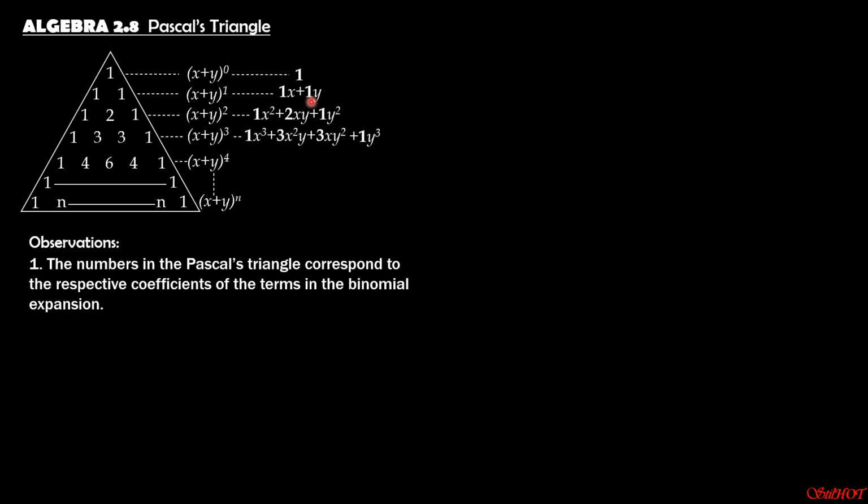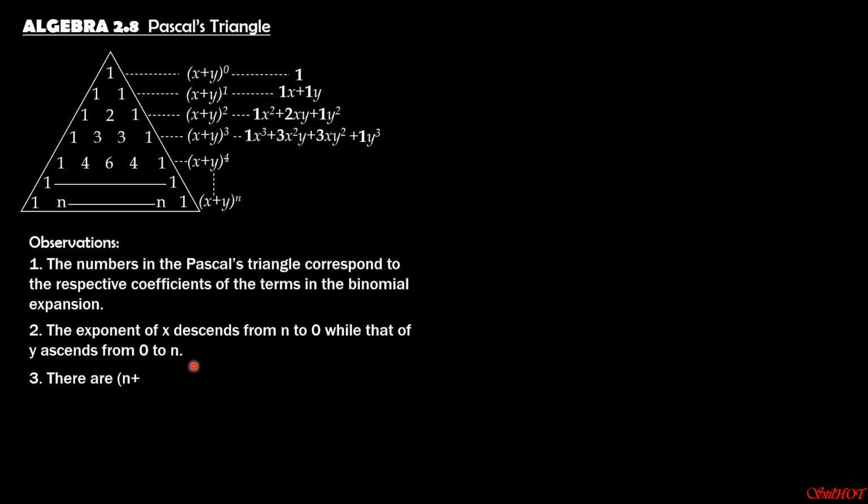So I highlighted or made the numbers boldface, the coefficients. Second, the exponent of x descends by 1 from n to 0, while that of y ascends by 1 from 0 to n. There are n plus 1 terms in the expansion.